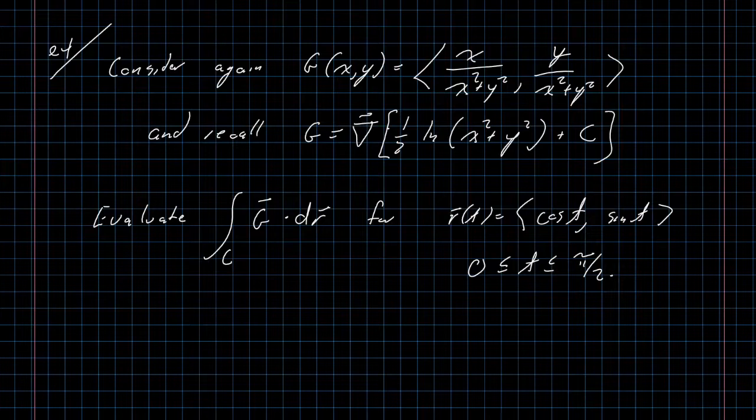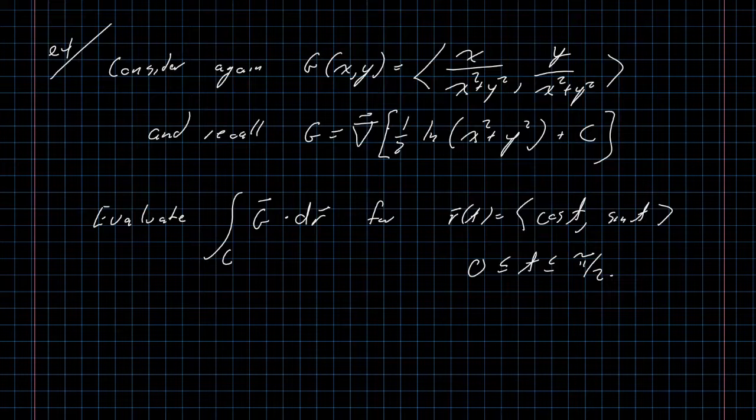Substituting those values in for my x and y coordinates is not nearly as bad as it seems, mostly because x squared plus y squared equals r squared, and r squared in this case is 1, so things will simplify pretty quickly. We could do this the brute force approach.